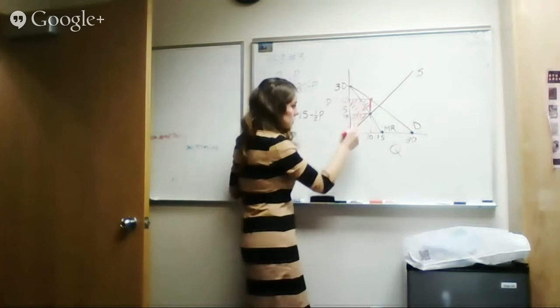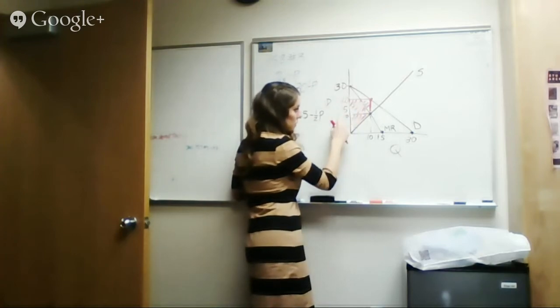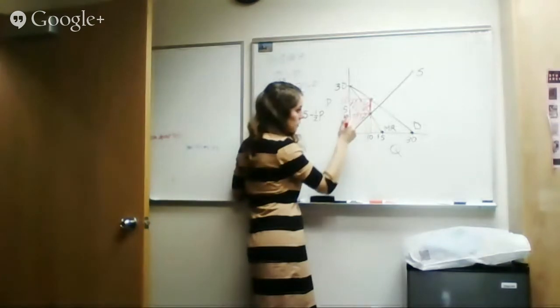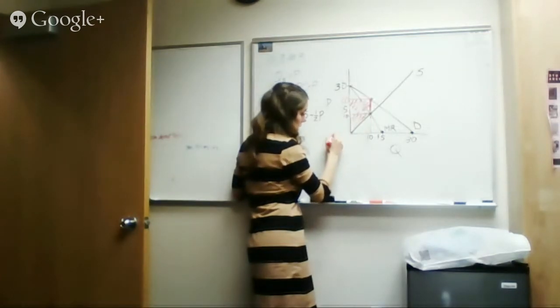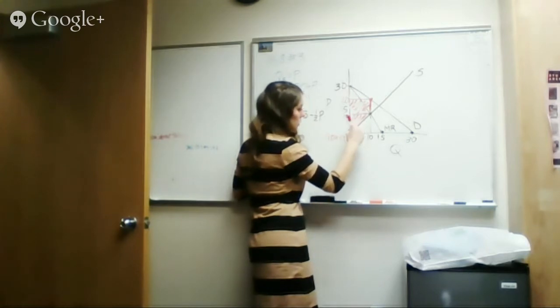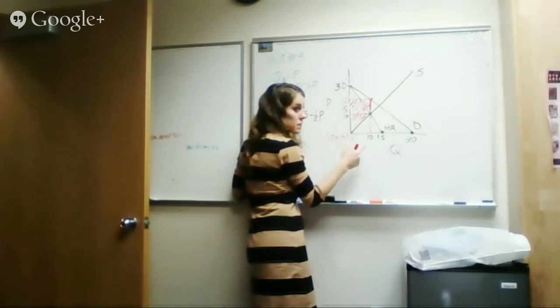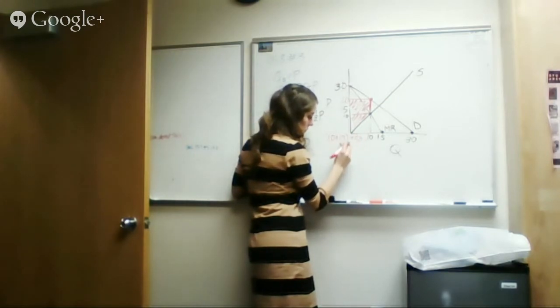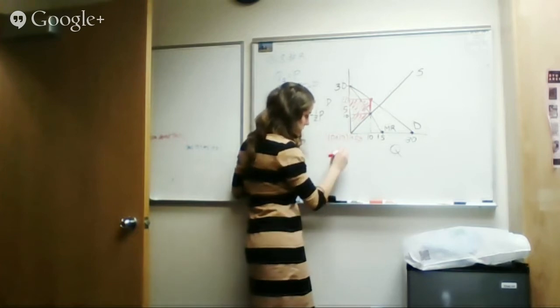And for the surplus, you get 20 minus 10, which is this length here, times 10. So you get 10 times 10 plus the area of this triangle, which is 1 half 10 times 10, so plus 50. So that would be 150.